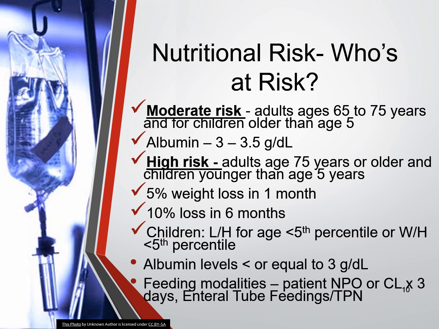In children, on the growth charts, length for height less than the 5th percentile, or weight for height, also failure to thrive, less than the 5th percentile. In high risk, we also see patients that are not fed orally, so they're either NPO or on clear liquids for 3 days or longer, or they're fed via enteral tube feedings or TPN.